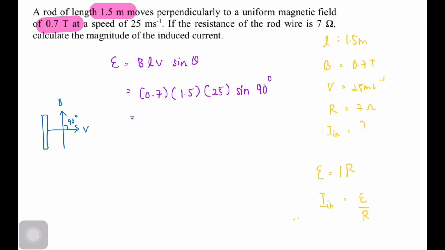So here you're going to get 26.25 volt. Next step, calculate the induced current: induced EMF 26.25 over the resistance in the wire, divided by 7. Then you get 3.75 ampere. Okay, because the question asks you to calculate the magnitude, no need to write down the direction of the current.